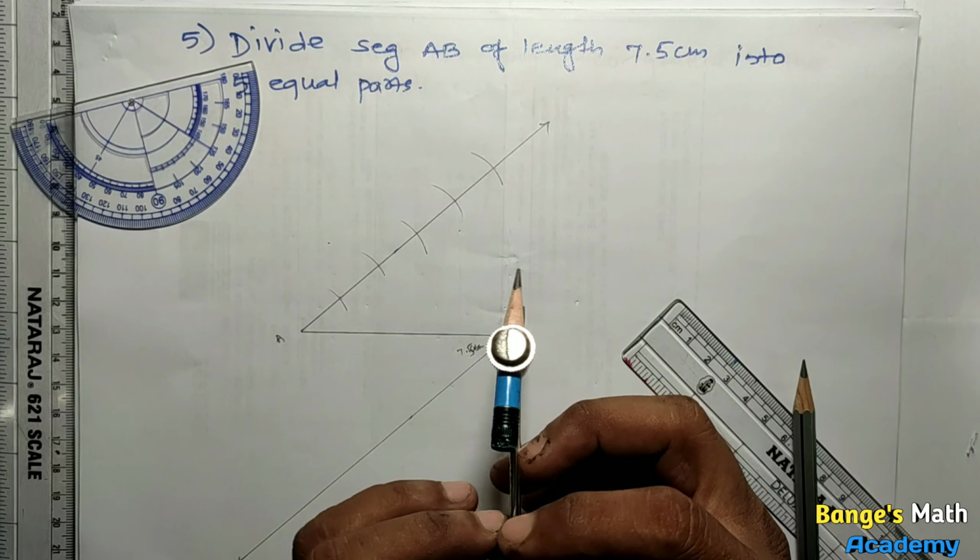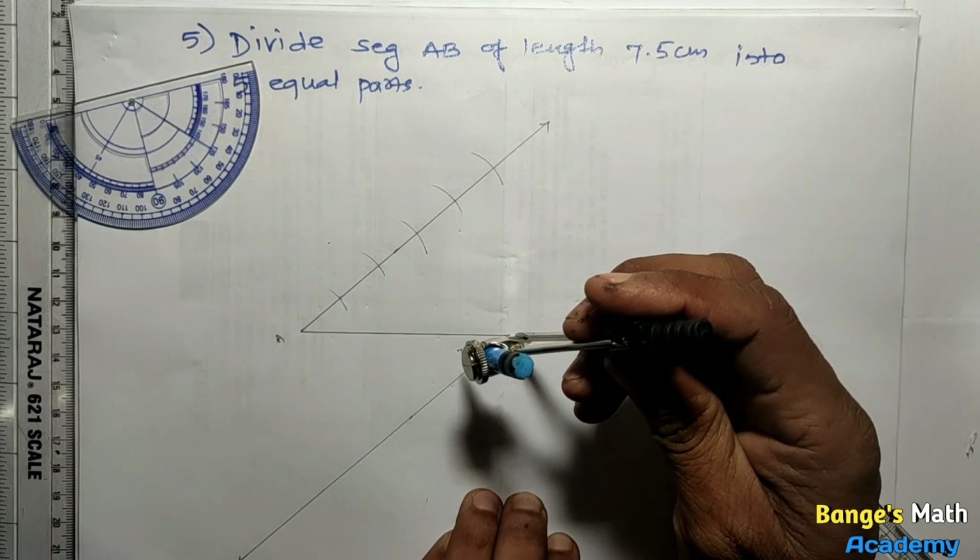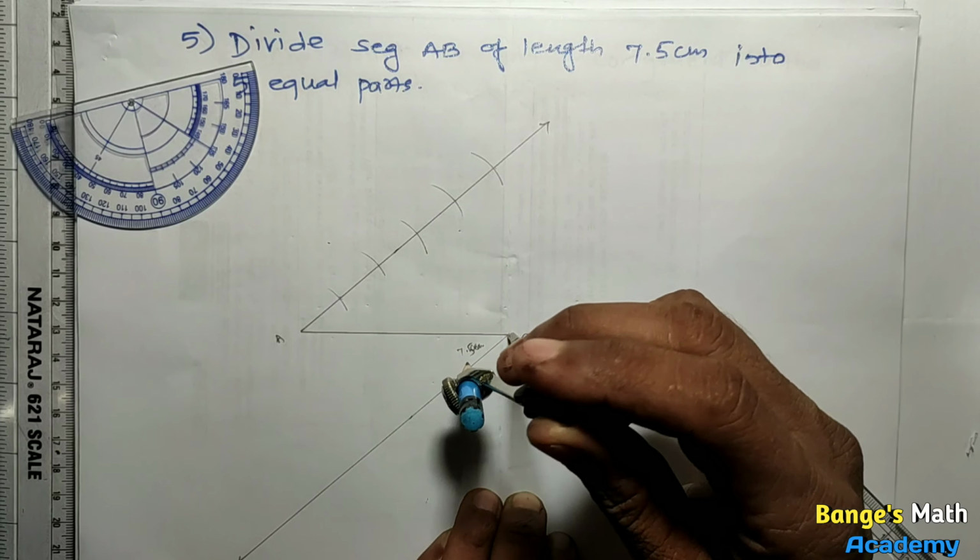Keeping the distance same, draw 5 arcs on this ray.